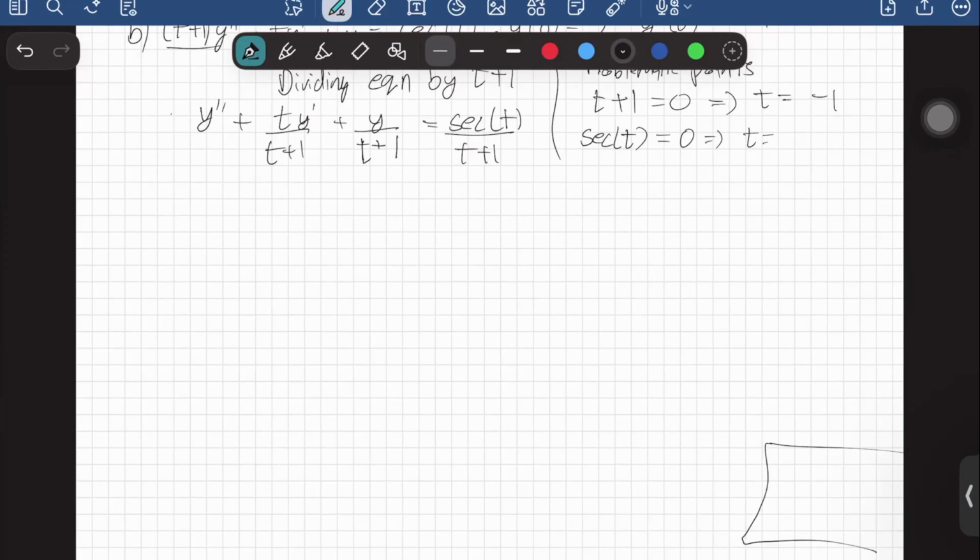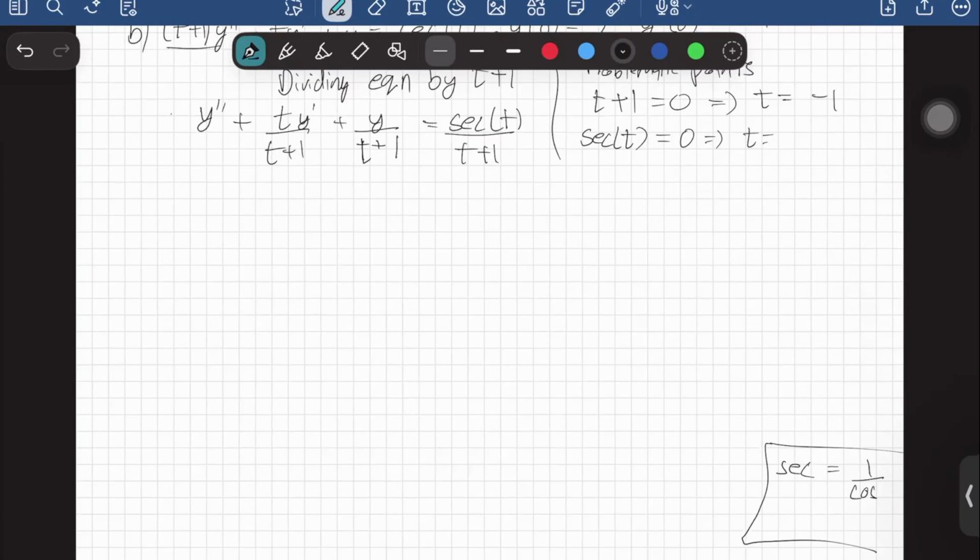Since we know secant is the inverse of cosine, and cosine is 0 at pi by 2, and values increasing with pi, sec cannot take those values, because it'll be undefined, right?